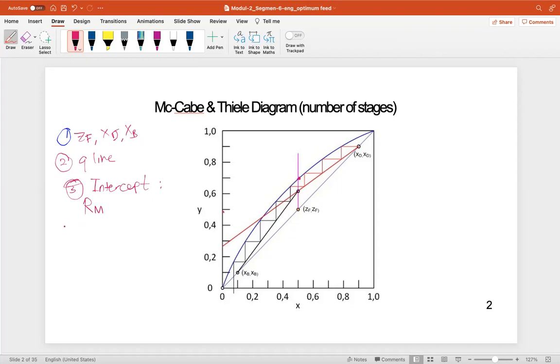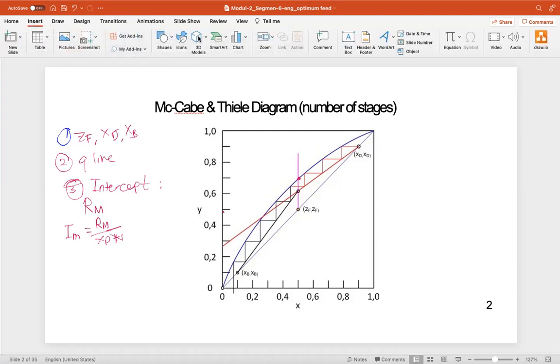So the intercept equals RM divided by RM plus 1. Okay, because if you draw a line, let me draw a line from here to here, there.